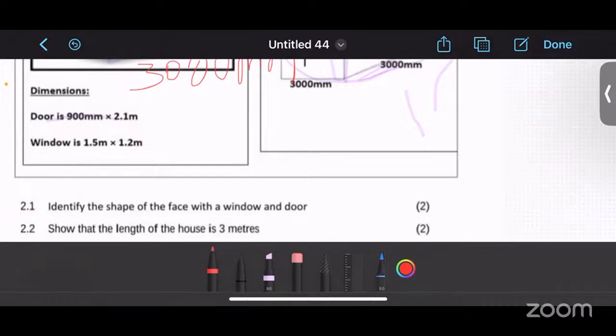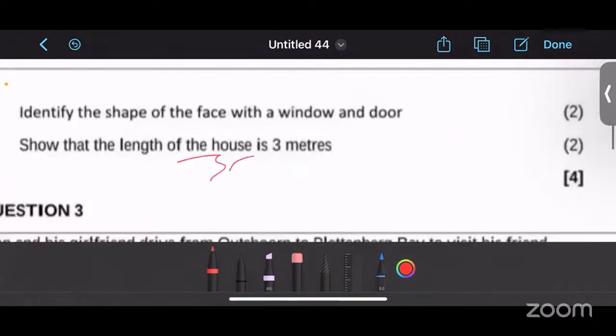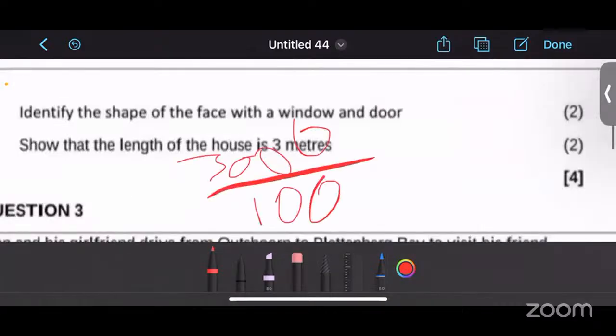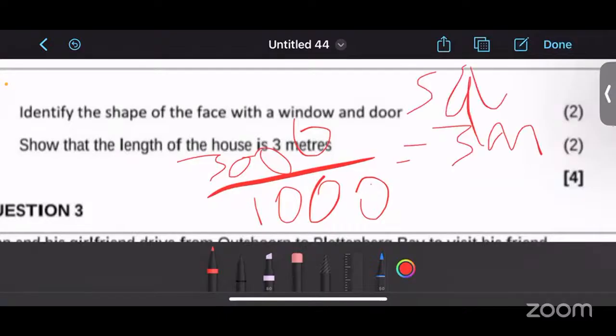Yes, so we're going to divide the 3,000 by 1,000 because we are converting, and that is going to give us 3 meters. Okay, is that clear to everyone? So it's 3,000 divided by 1,000, and this is a square. Clear to everyone? Are we all happy?